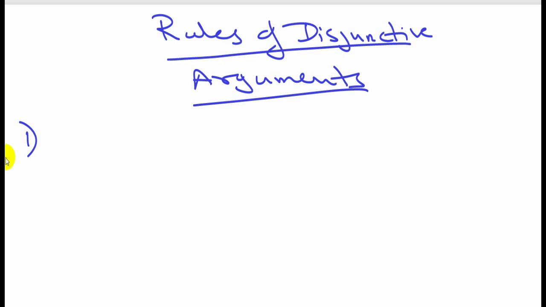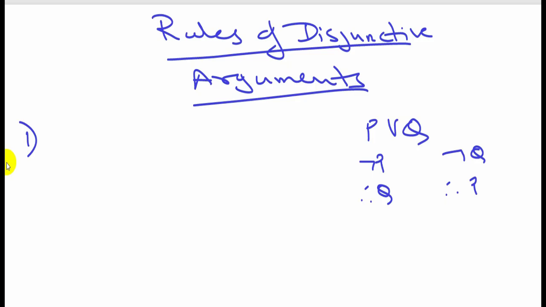So, for example, P or Q. Now, by denying one of the alternatives, if we deny P, then we can say Q is true. But if we say not Q, then we are saying therefore P.